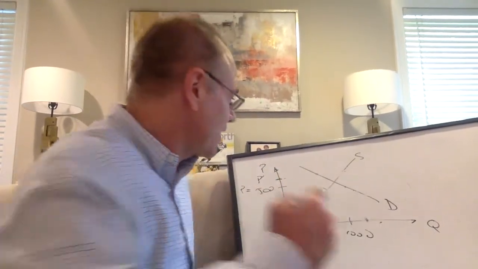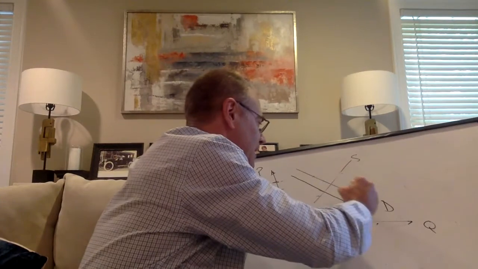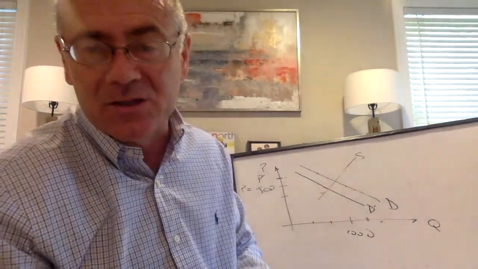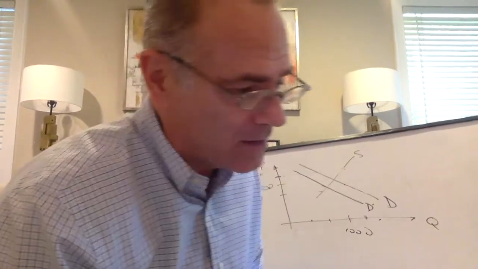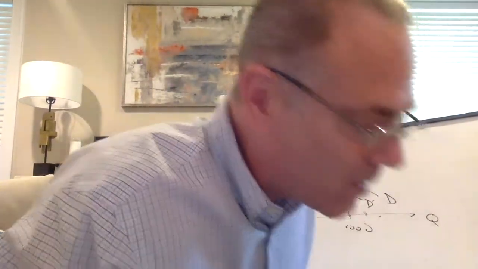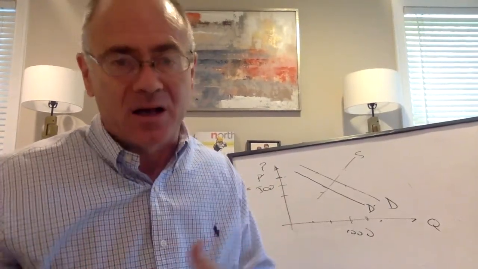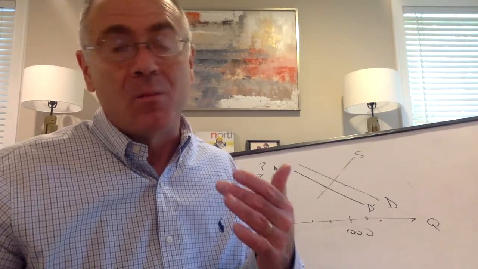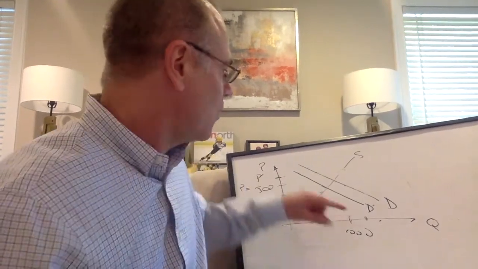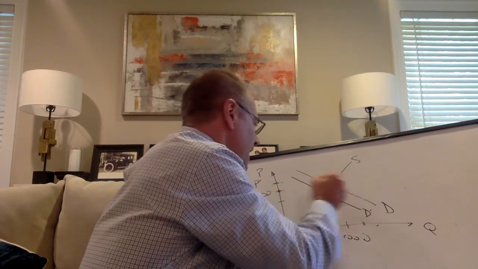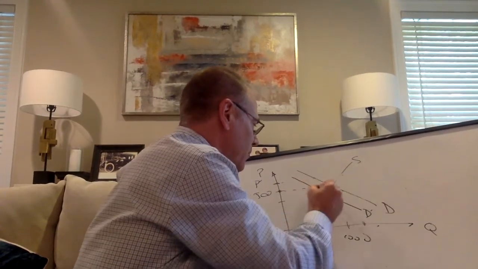So if that were the case, the new demand curve looks like this. By the way, I haven't been doing this on the last problem. It asks, what would you expect on the effect on the market clearing price and the market clearing quantity? Before, that point was the market clearing price.